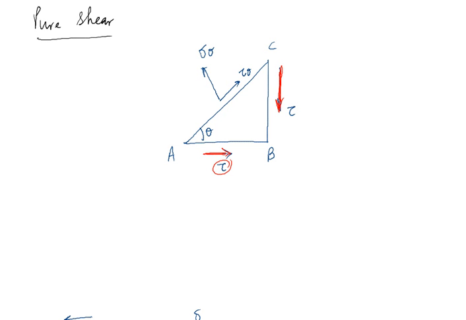Again, at an oblique plane, that is AC, at an angle theta to the transverse plane AB, you have two stresses acting, tau theta and sigma theta. Now how do we find out the value of sigma theta, and how do you find the value of tau theta in this case?